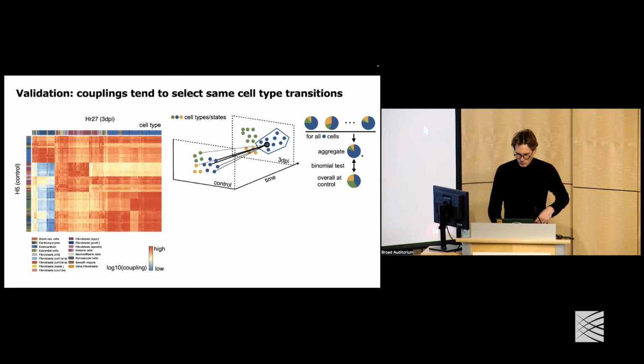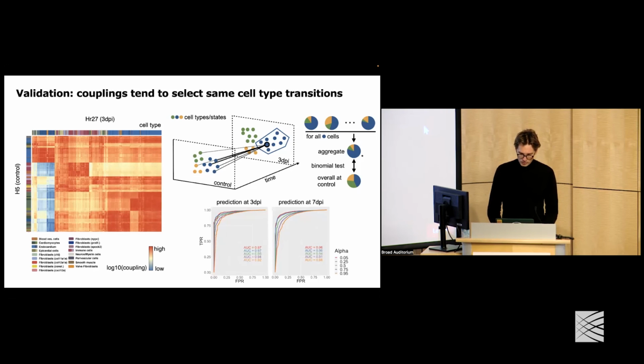So we use this test to predict the ancestor cell type of individual cell types at 3 dpi. And as I said, on average, we would expect that most cell types should be coupled to the corresponding cell type at an earlier time point.